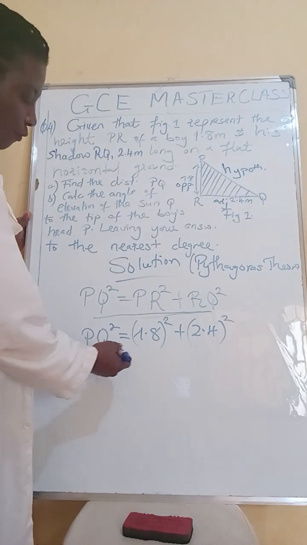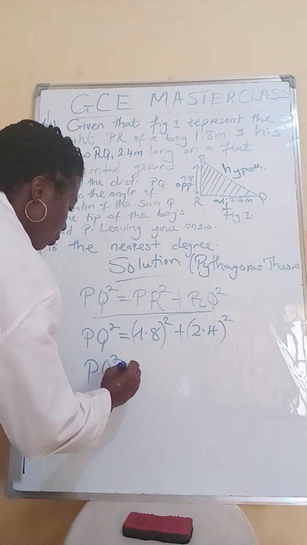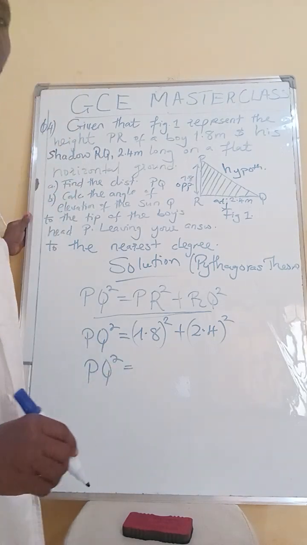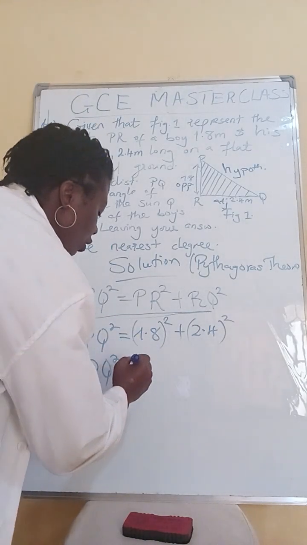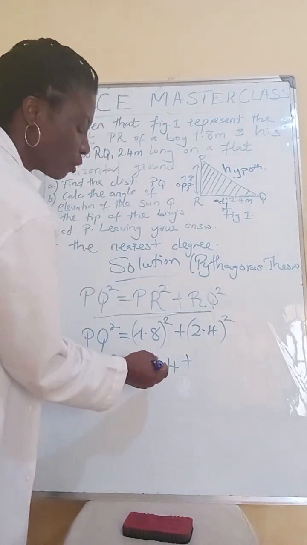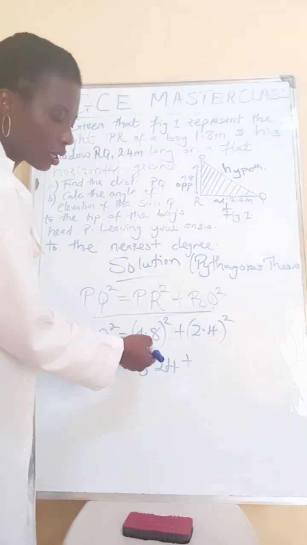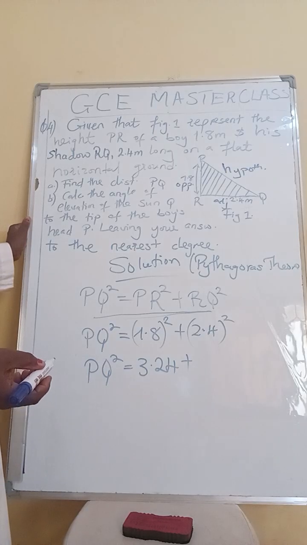Okay. So from here you say PQ squared, here 1.8 meters squared will give us 3.24, okay? If you use your calculator, it's going to give us 3.24, okay?